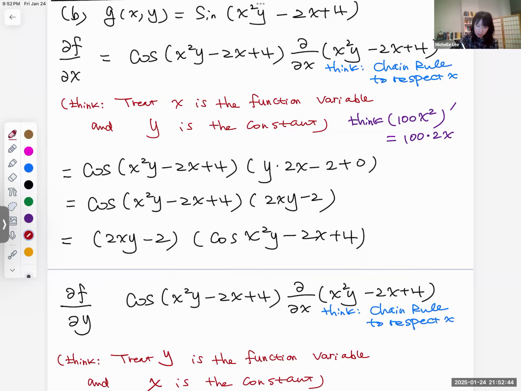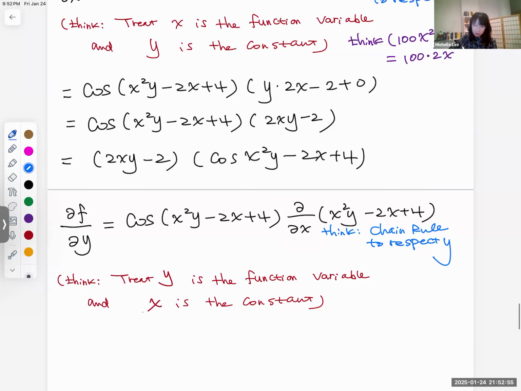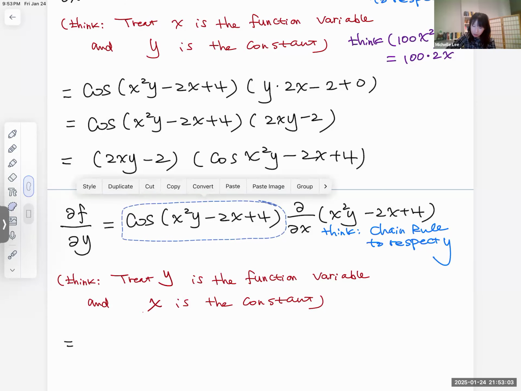Okay. So with respect to y, we change that, right? Okay. Now there will be that. So we are using the chain rule.